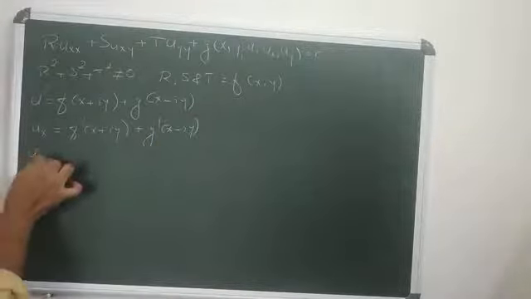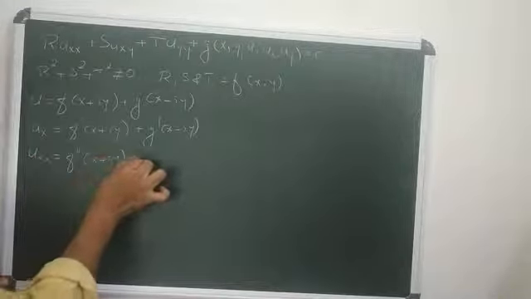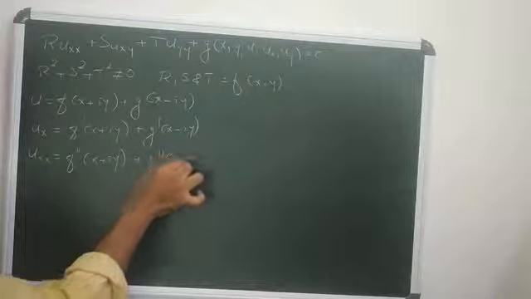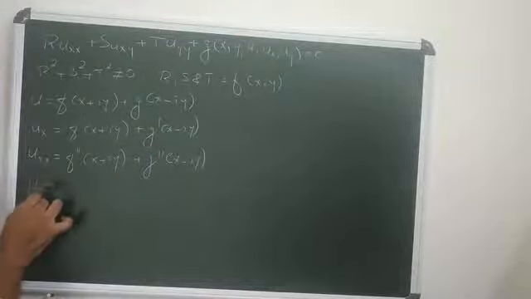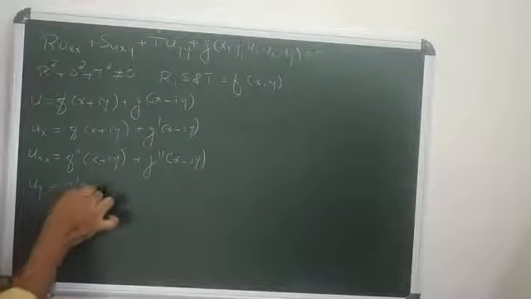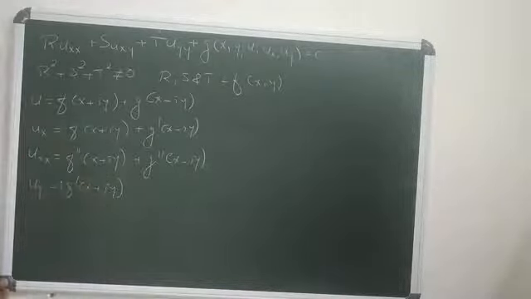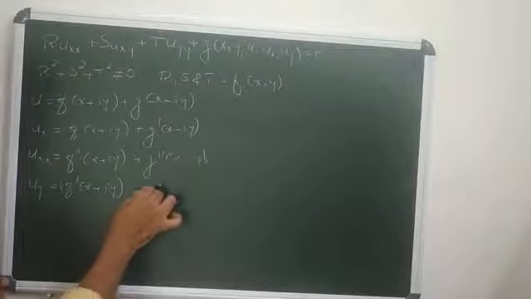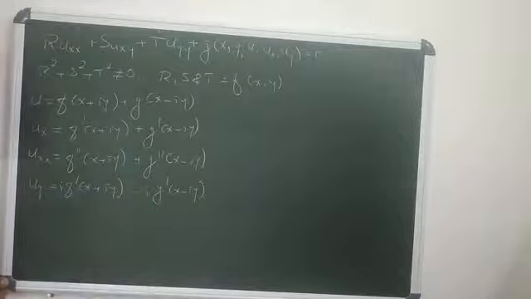What is u_xx? u_xx is f''(x + iy) plus g''(x - iy). What is u_y? u_y is again f'(x + iy) into i, so i f'(x + iy) minus i g'(x - iy).